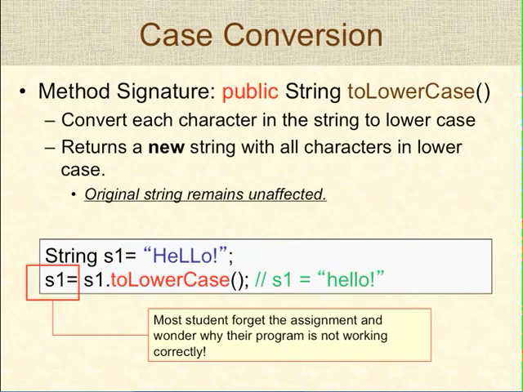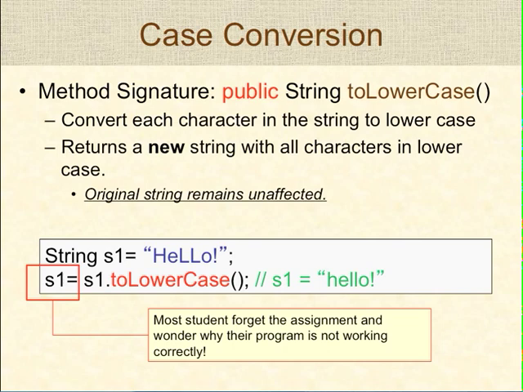We can also do case conversion. So convert all of the letters to either lowercase or uppercase. So this is the toLowerCase method for doing lowercase. It turns everything in the string to lowercase. If you want to convert your string, you need to remember that you should assign it to a different string.